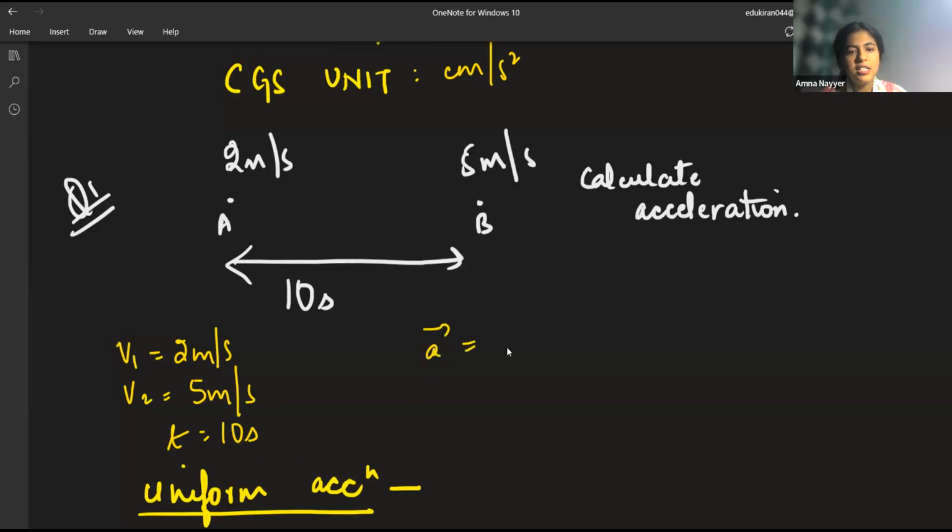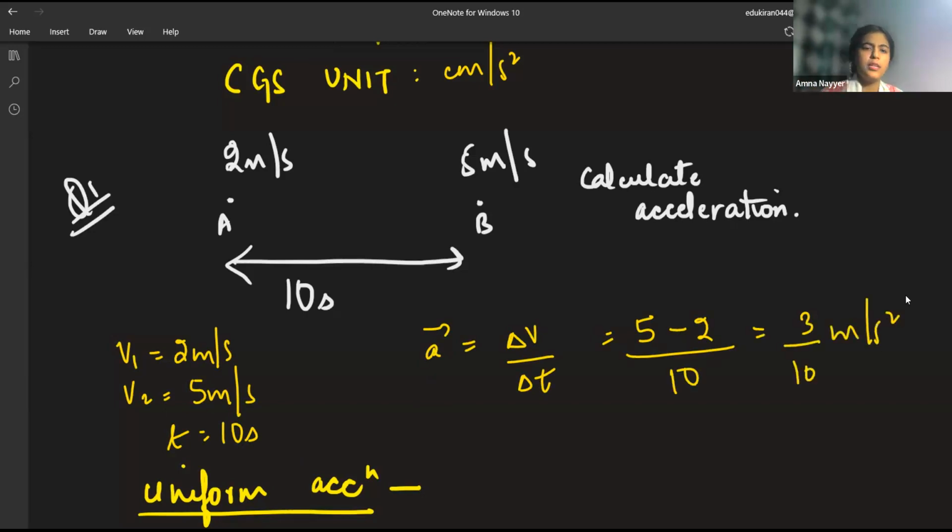Acceleration is change in velocity by change in time. What is the change in velocity? Final minus initial, so 5 minus 2. And what is the time duration? 10 seconds. So this becomes 3 by 10 meter per second square. Easy. This is how you calculate.